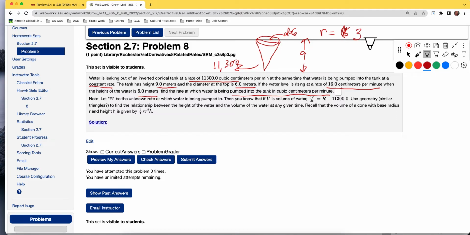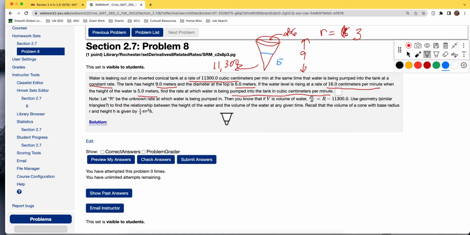Okay, so what we know, let's see, the height of the water is at 5 meters. So let me change to blue to represent water. So we're about here, 5 meters.